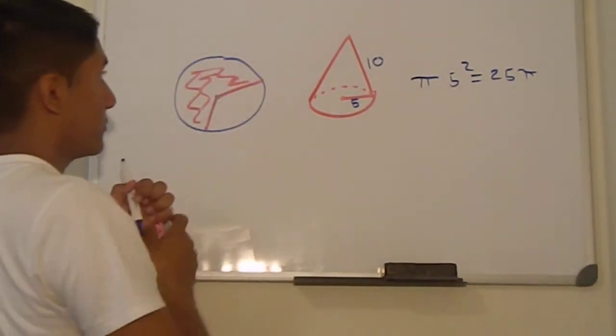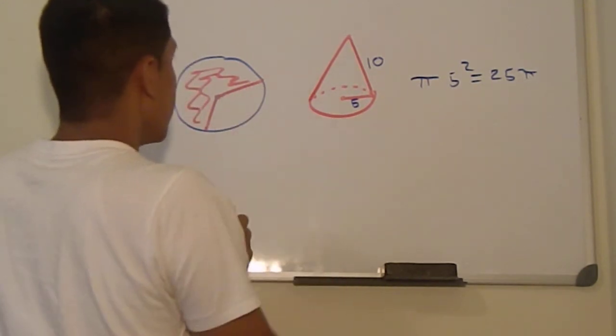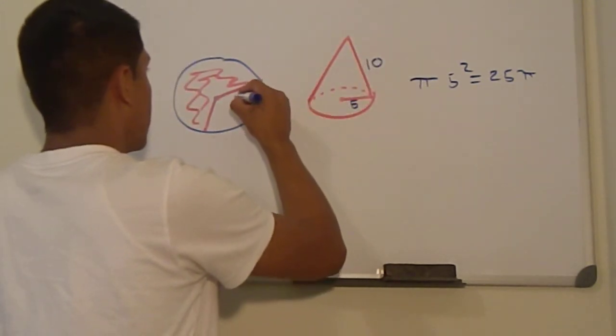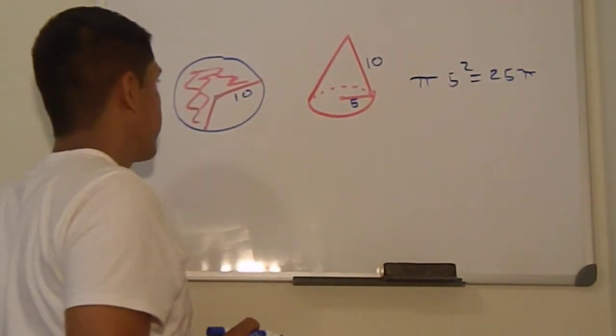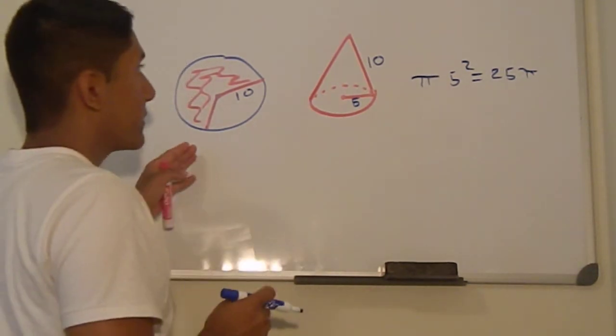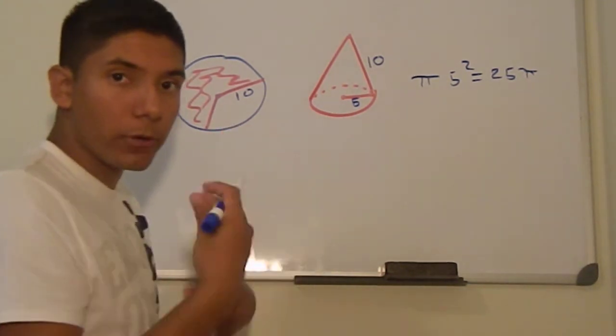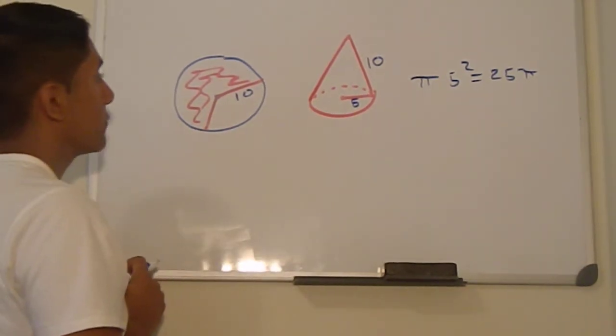This is just the rest of the circle completed. This here being the slant height of the cone. Okay, so finding the surface area of this from here is a little more straightforward. You could probably guess what we can do from here.